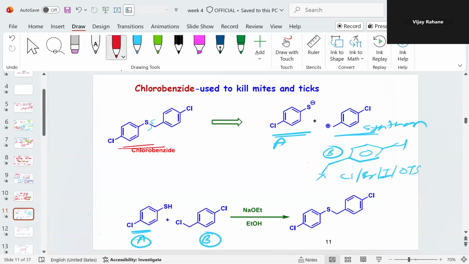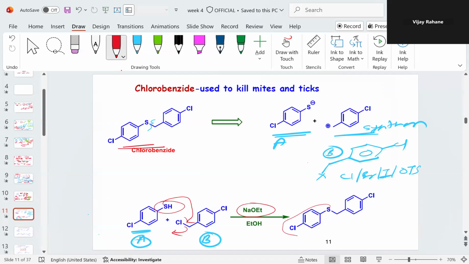If you look at the linear synthesis, in the presence of the base it abstracts the acidic proton. In both the starting materials, which proton is most acidic? Here this SH proton is the more acidic, so it forms the S negative, and once this S negative forms, it attacks this carbon which has the chloro group, and this chloro can be displaced by the sulfur.